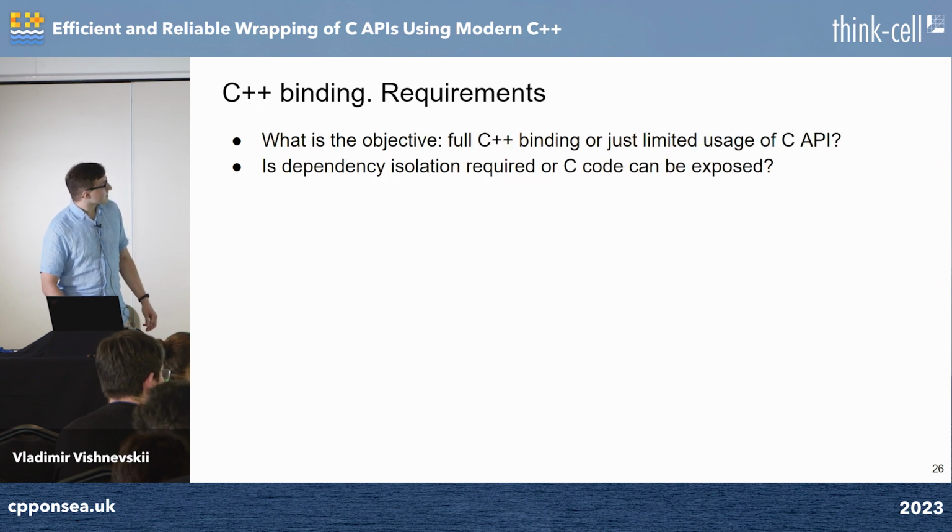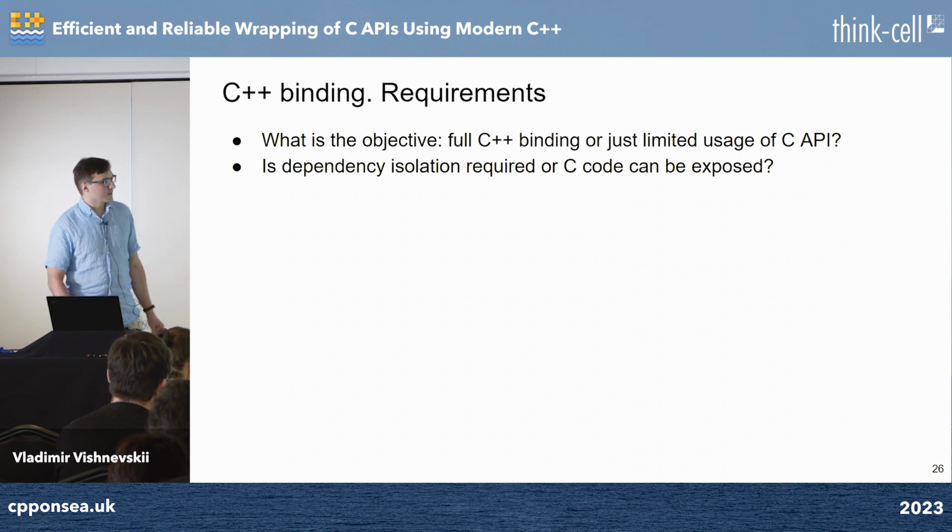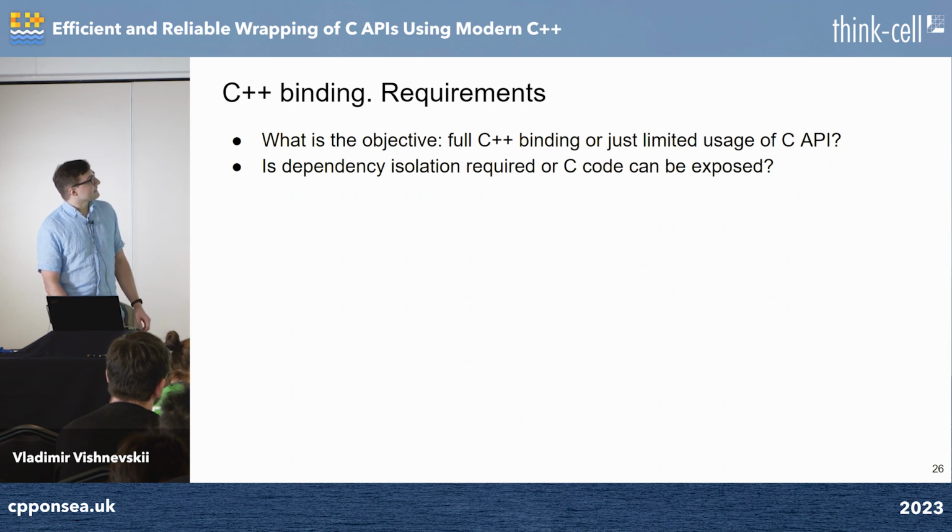So, generally speaking, we saw the API. There are some issues that are mostly caused by the specifics of the C language. And the question is what can be mitigated by using C++, maybe to just adapt this API.